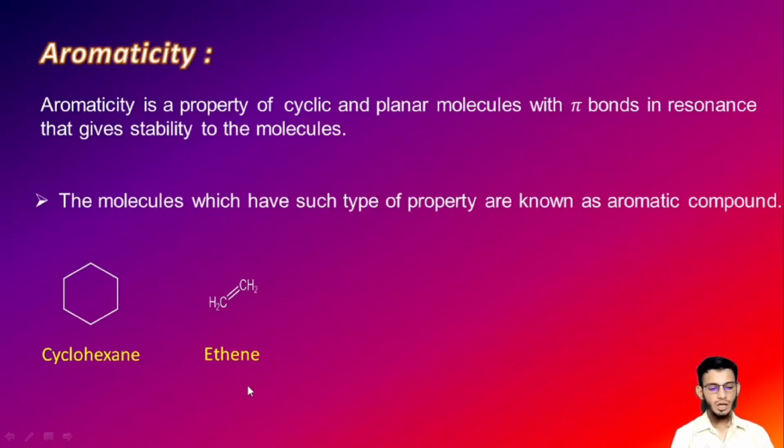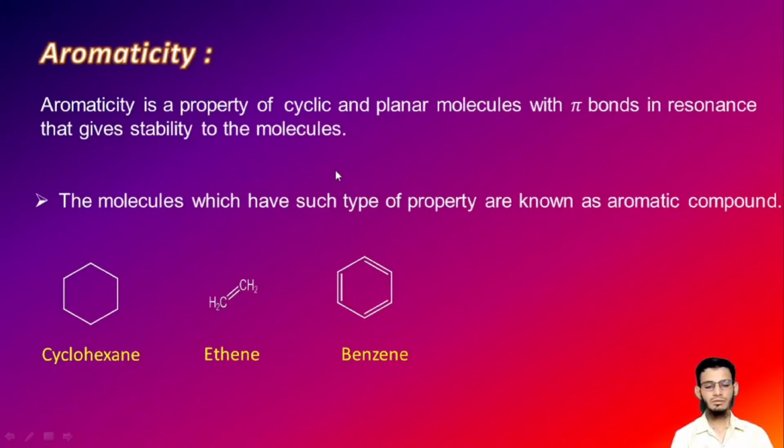There is ethene, which has pi bonds but they are not in resonance; it is a flat or planar molecule, but it is not a cyclic molecule, so it is not an aromatic compound, okay. There is benzene. You can see here that it is cyclic and planar because all the carbons have sp2 hybridization, and it also has pi bonds that are in resonance, okay. So it is a stable molecule and it is an aromatic compound.